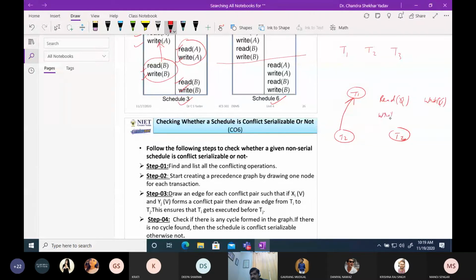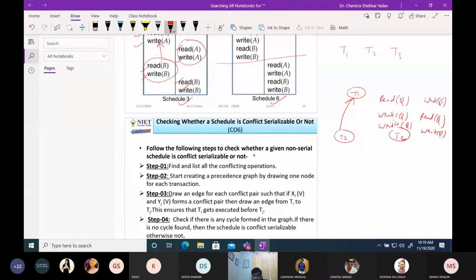Or T2 performs write Q before T1 performs read Q. And the third condition, T2 performs write Q before T1 performs write Q. So we will show only conflicting instructions with the help of a directed edge. Did you get it?